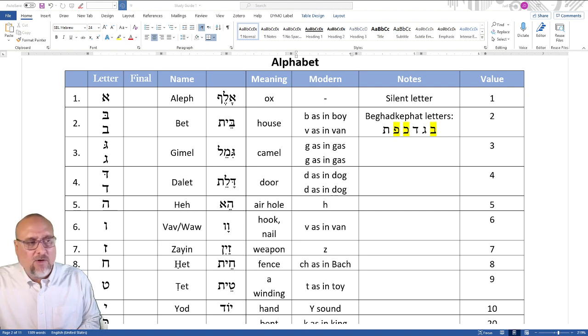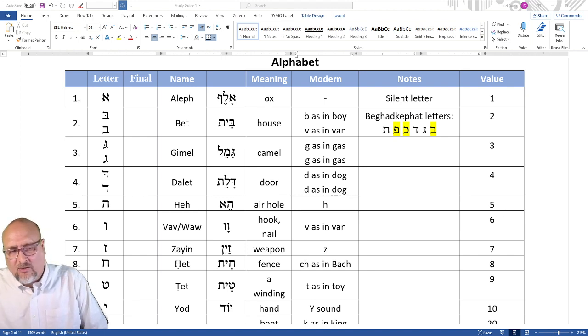Whenever you're learning an ancient language, as long as you're consistent in the way that you pronounce it, and you're hearing the same thing every time, you're going to be in good shape. Since there's so much that's been done with modern Hebrew speakers, that's what we're going to follow.